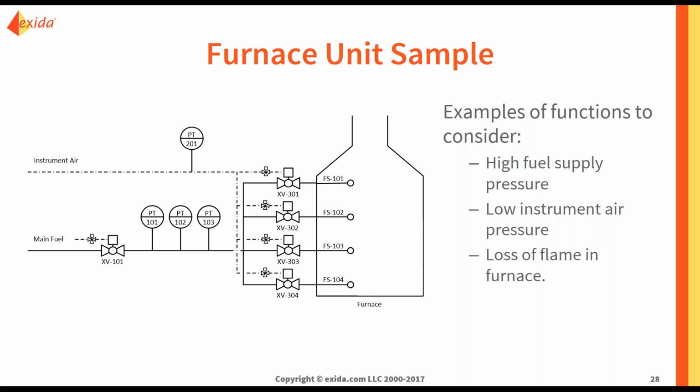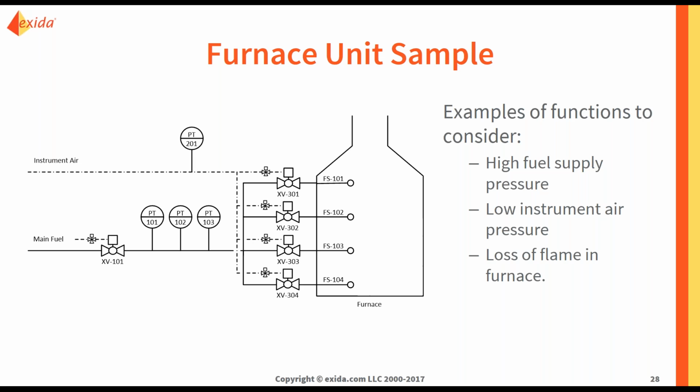This has a few final elements on it, XV101, which is in a 1 out of 1 configuration, and then XV301 through 304, which are in a 4 out of 4 configuration. We have 3 pressure transmitters on the main fuel line in a 2 out of 3 configuration. And we also have an instrument air line going into each of the final elements, which has a pressure transmitter PT201 in a 1 out of 1 configuration.